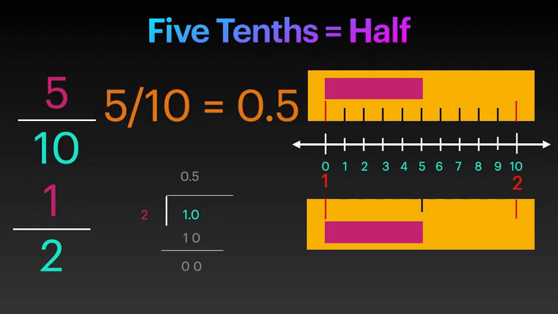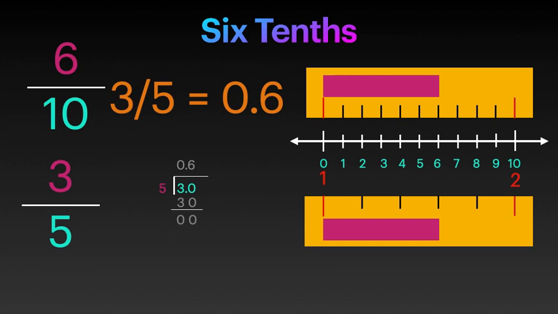Please look at the yellow strips carefully. Above, the yellow strip has been divided into 10 units, but the below yellow strip has been divided into two parts. Dividing into 10 units gives us 5/10. Dividing into 2 units gives us 1/2.